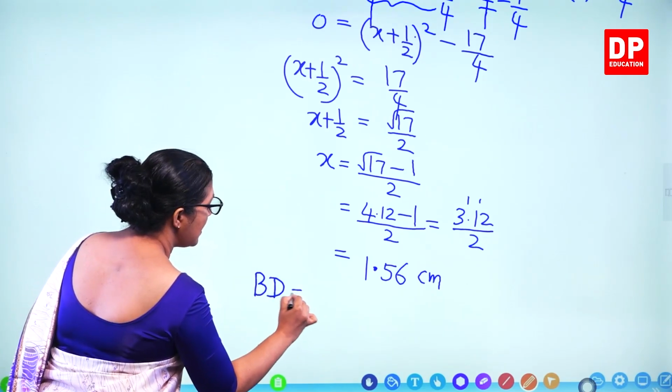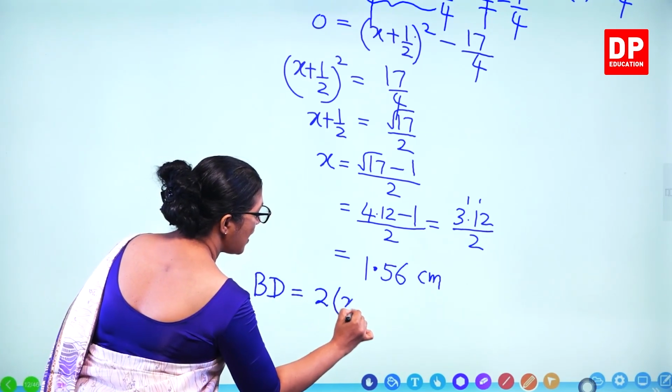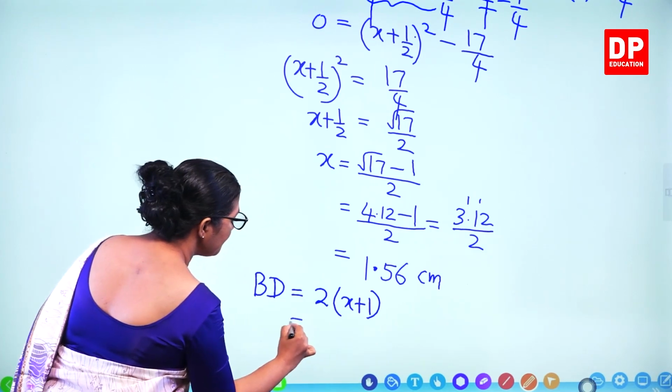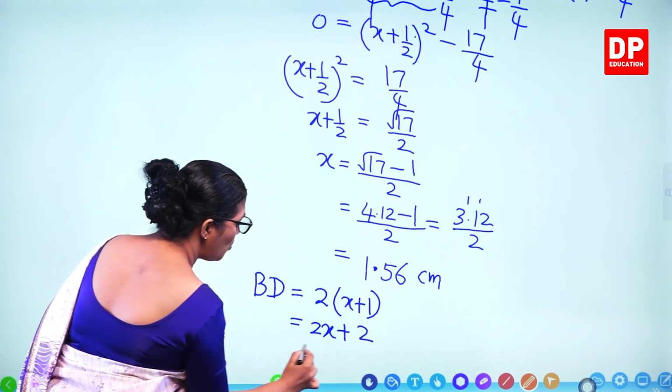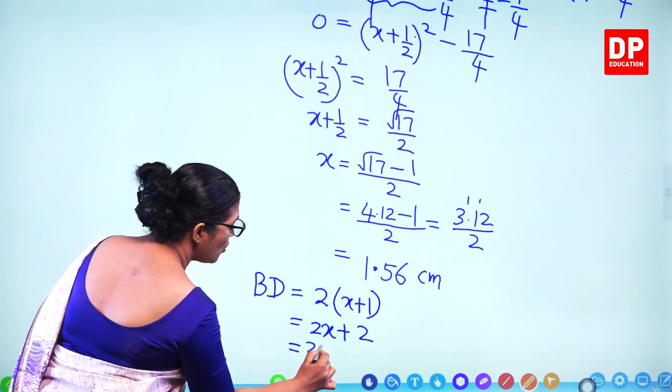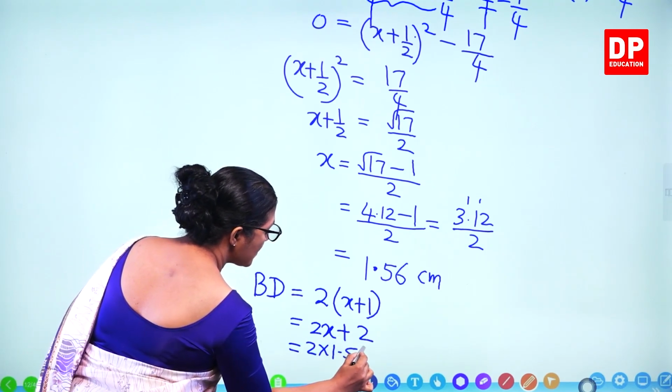BD length is 2 times x plus 1. That means 2x plus 2. Substitute 2 times 1.56 plus 2.